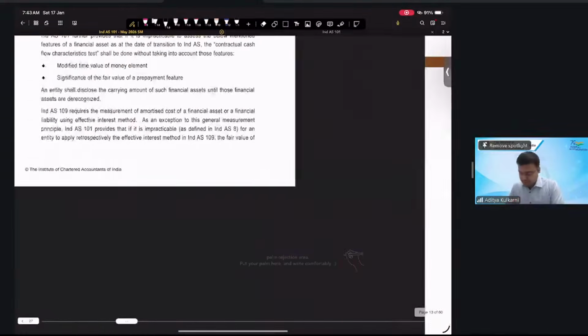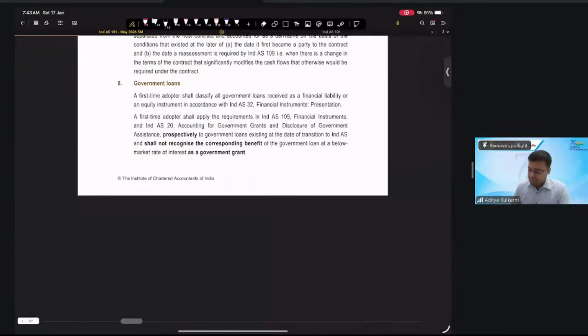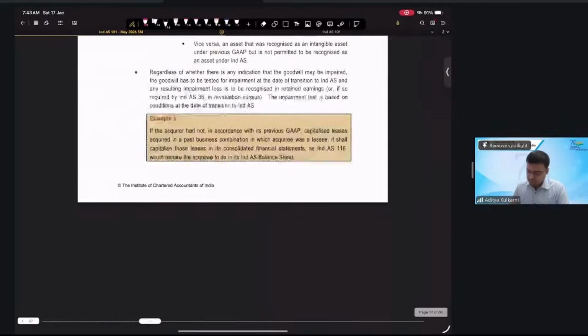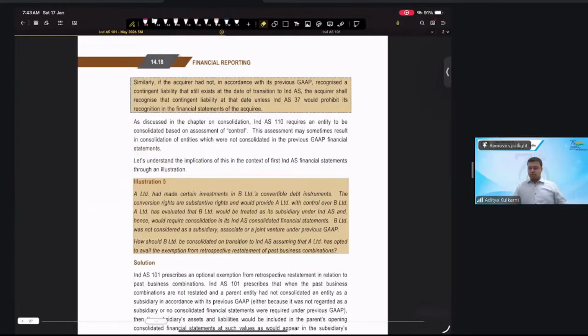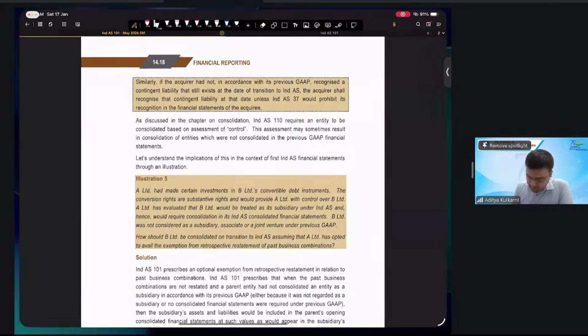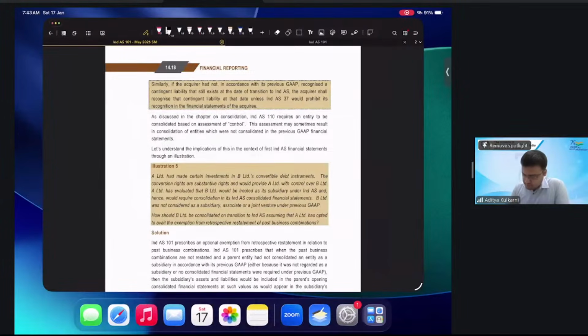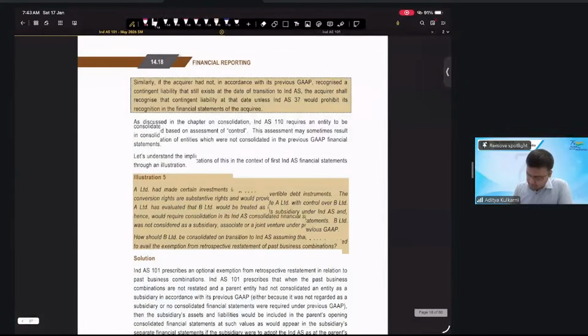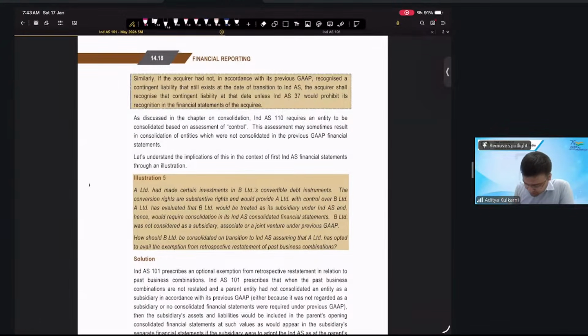Okay, next. A Limited had made certain investments in B Limited's debt instruments. So here A Limited made certain investments in B Limited's convertible debt instruments.